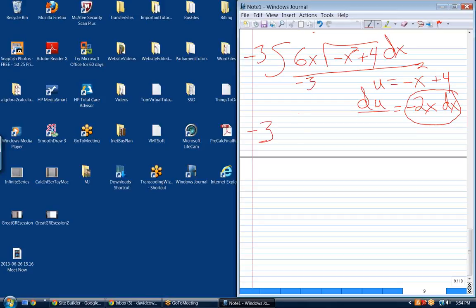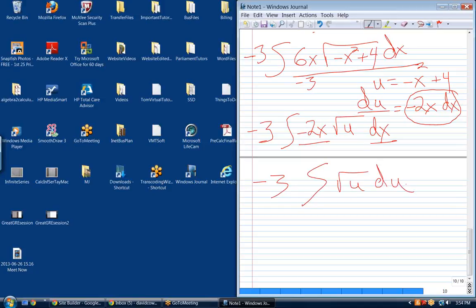So now I've got minus 2x square root of u dx, and this combined with that is equal to du. So now I've got square root of u du, and I have an integral that I can integrate.